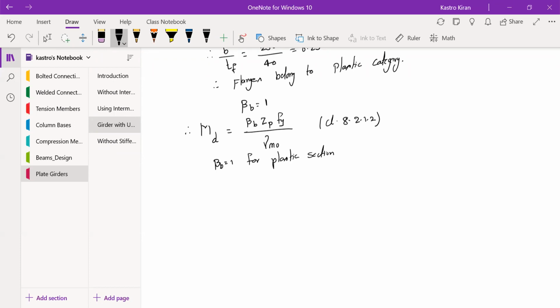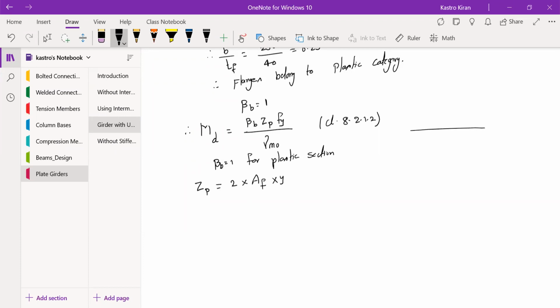So now the thing is to find the value of ZP, that is plastic section modulus. Now how do you find this ZP? You can find it this way: since you are having 2 flanges, I am writing 2 into area of the flange into the distance y. Now how to get this?